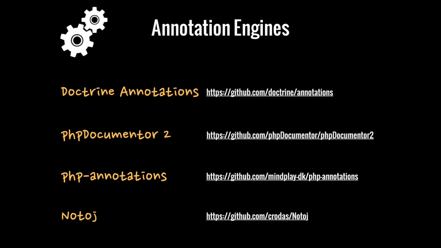There's a library called PHP Annotations, which has been around for quite a while and has gotten more attention lately from the developers. I actually met the core developer once in Canada while I was giving this talk. And there's Notage, which is written by a friend of mine from Paraguay, which is a smaller package, more focused, but also a different interpretation.